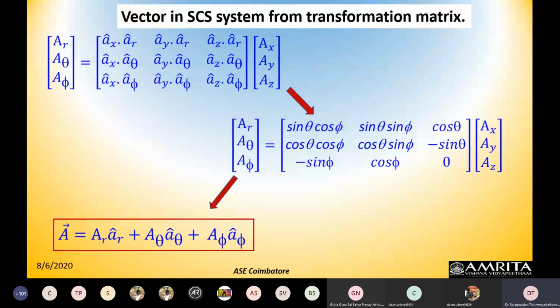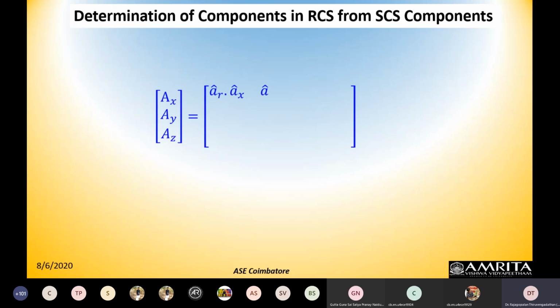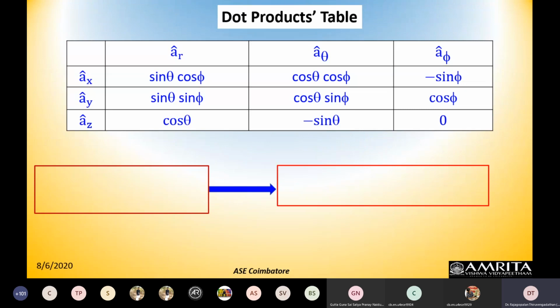If I have to do that, I have to transform the given vector from spherical to rectangular coordinates. So all I need to do is take the inverse of the transformation matrix that we just did, rewrite it like this, and get the dot product matrix as mentioned here.